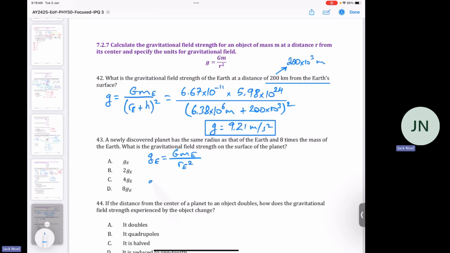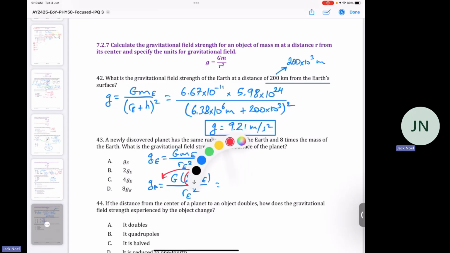And then the new planet, GP, equals G, but it has 8 times the mass of Earth. It's 8 times more massive. So I would take 8 ME over the radius, which is the same, they said. It's not changing. Now you should take this 8 and put it outside.